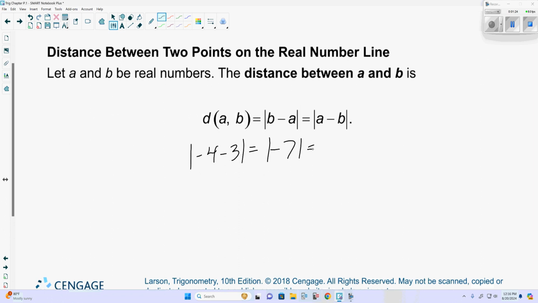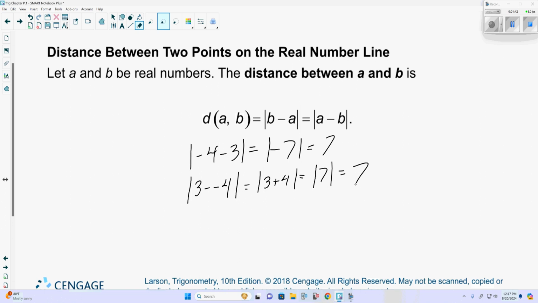Now if we flipped it, 3 minus -4, well, that's the same as 3 plus 4, which is going to give us the absolute value of 7, which is just 7. So really flipping it, all it does is change the sign, and the absolute value will take care of that.